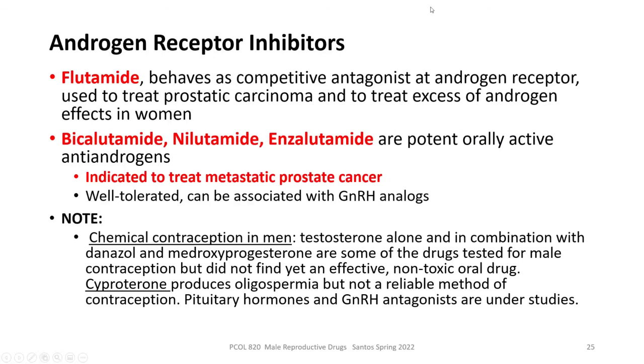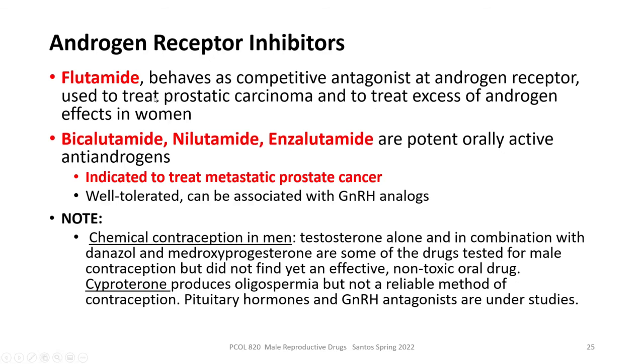And you also have the last group, which is androgen receptor inhibitors. The main representatives will be from the mide family: flutamide, bicalutamide, nilutamide, and enzalutamide. What they do is behave as a competitive antagonist of the androgen receptor.